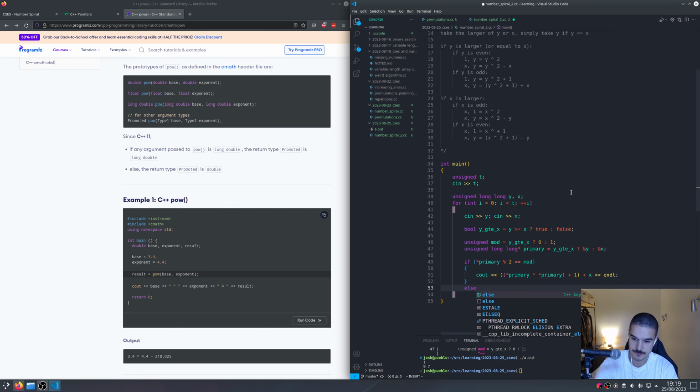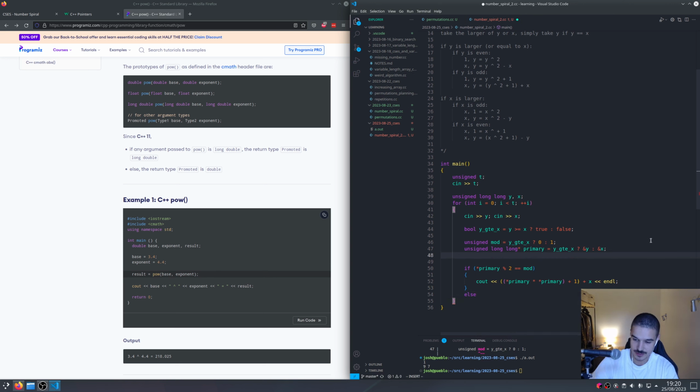Oh wait, we actually need to figure out which one is smaller as well and cleverly use that. That should be pretty easy, actually.